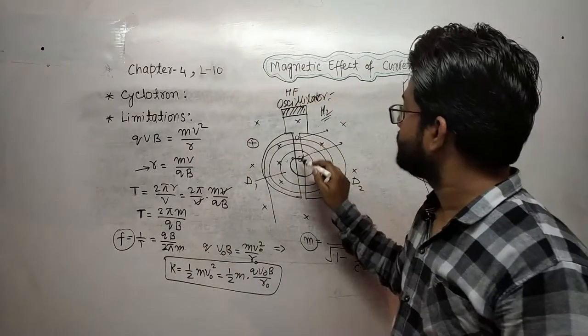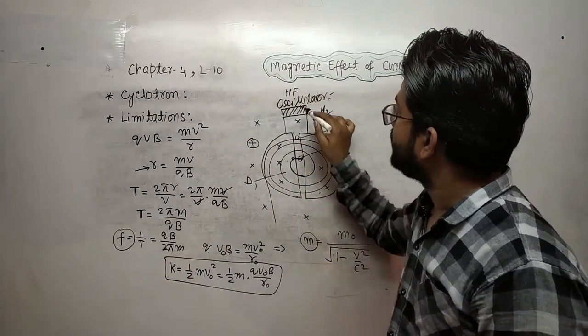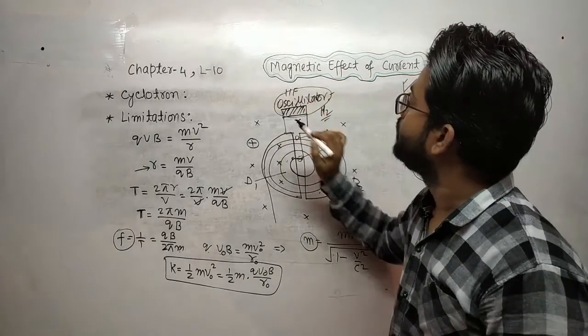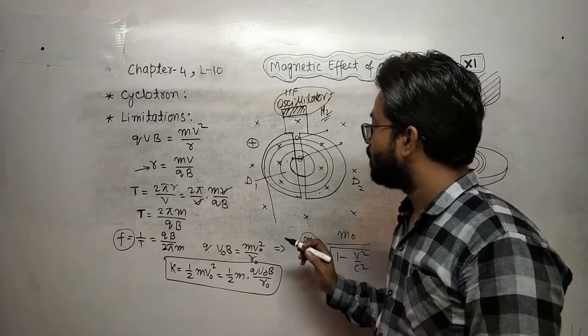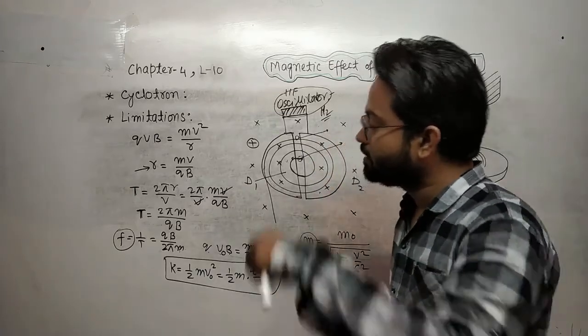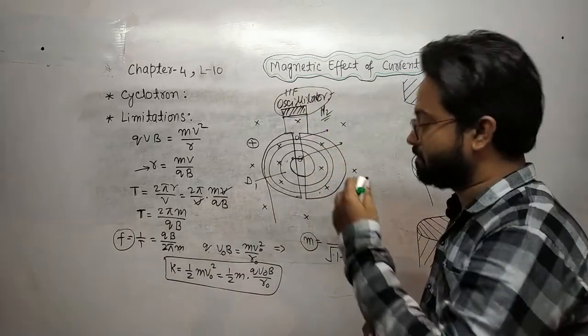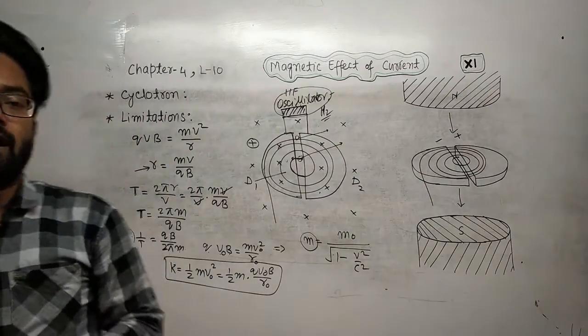If the frequency of the two charged particles is different, then it will be difficult to change the polarity, because the charged particles have different frequencies.